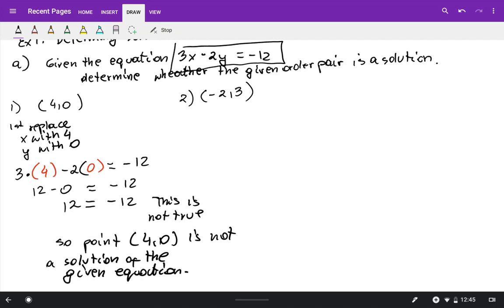Okay, so let's do number 2. So let me just separate that. We're going to do the same thing. We're going to replace x with negative 2 and y with 3.